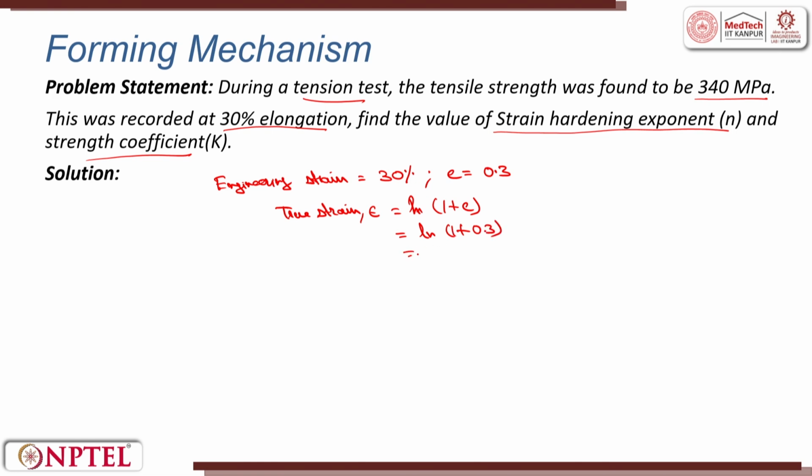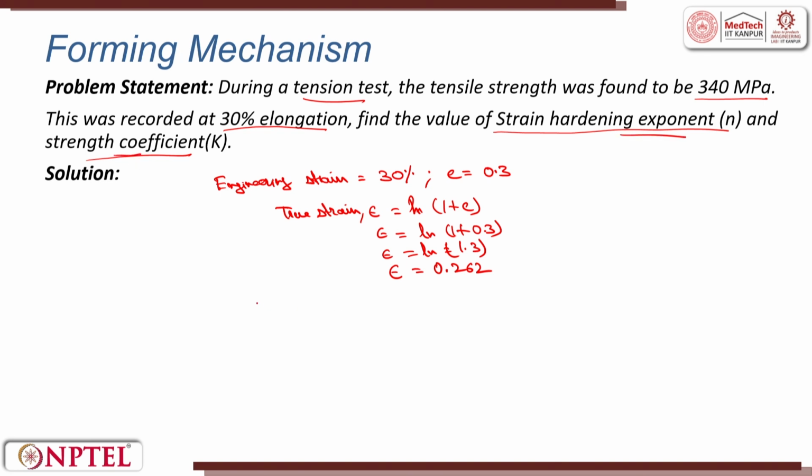It is log of 1.3. This is equal to 0.262. This is the value of epsilon, that is the true strain. Now, they are asking for the strain hardening exponent and the strength coefficient.